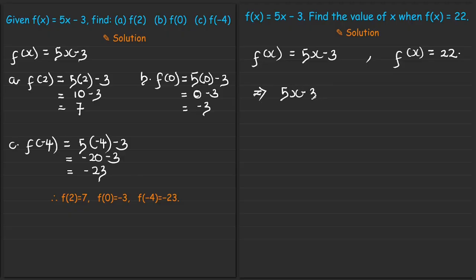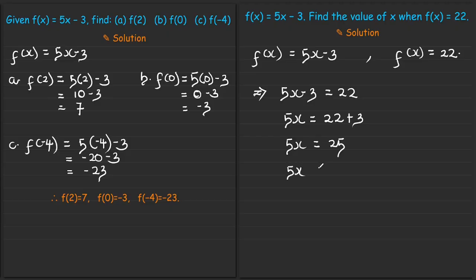So it simply implies that 5x minus 3 gave us 22, and it's now about making x the subject. If you want to make x the subject, we have our 5x, which is equal to 22. Then for the negative 3, it moves to the other side to give us a positive 3. So we have 5x being equal to 22 plus 3, which gives us 25.